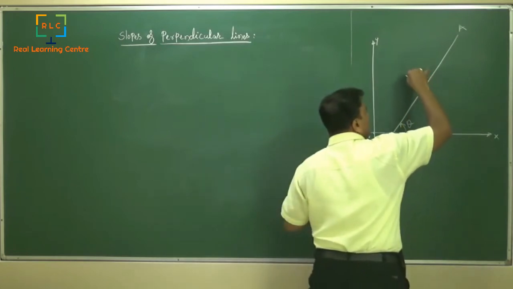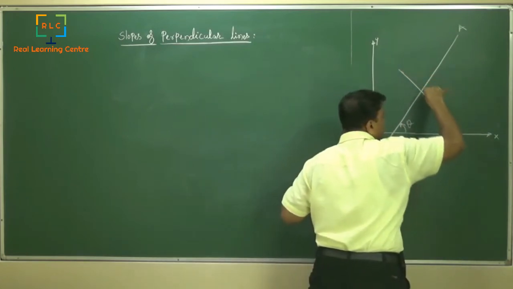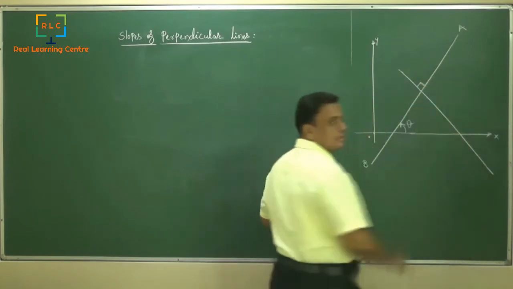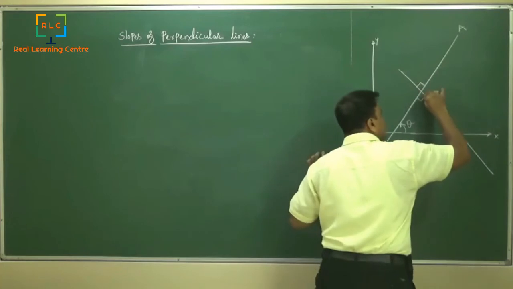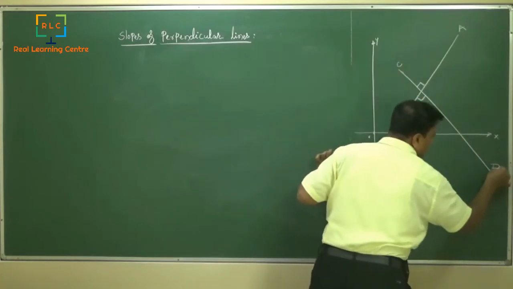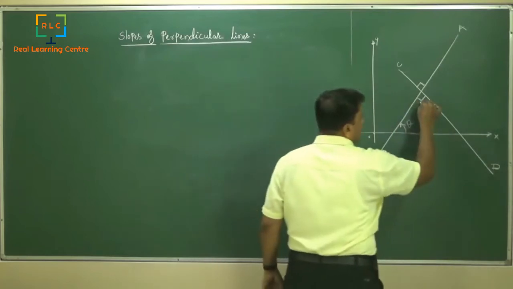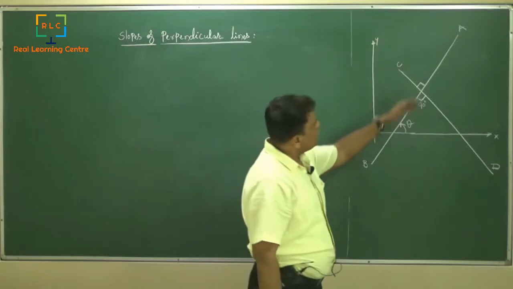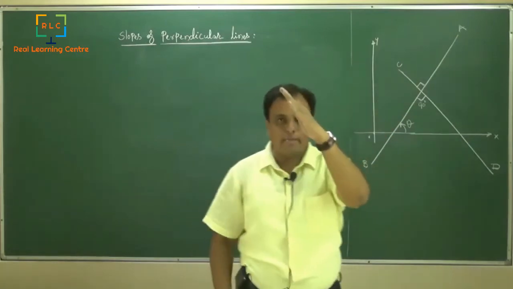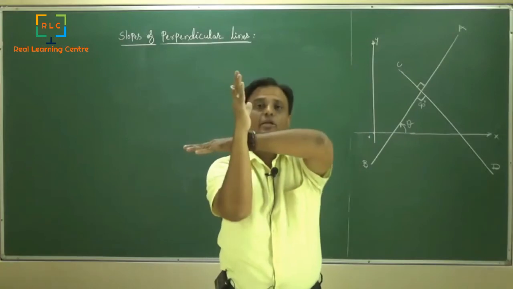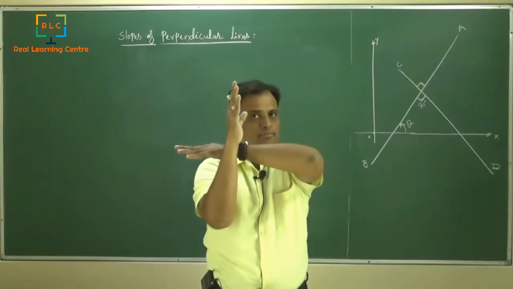Take one more line, this is line CD, which is perpendicular to AB, so this is 90 degrees. This diagram is not up to scale. The AB line and CD line are perpendicular to each other, but these two lines cannot be horizontal and vertical.